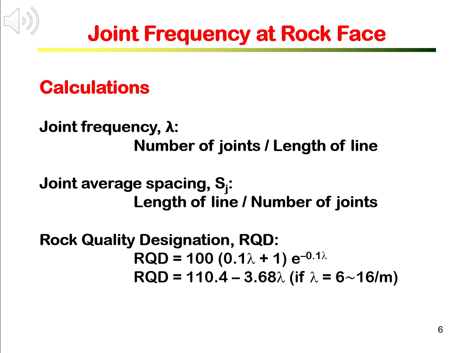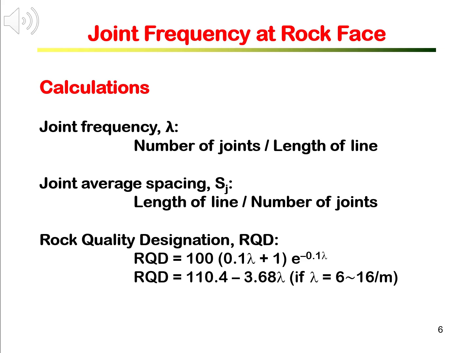Now let's stick with the simplest way. Having counted the number of joints along the measurement line, and also having the length of the line, we can compute the joint frequency, which is defined as the number of joints per unit length.